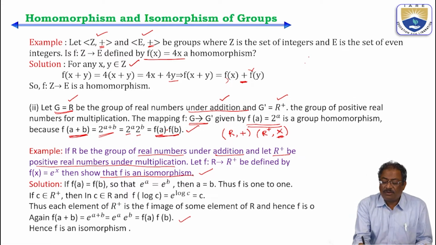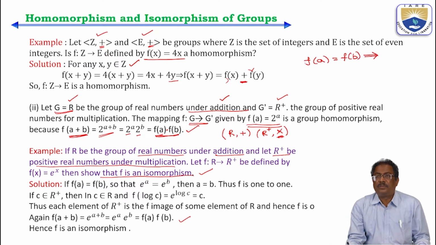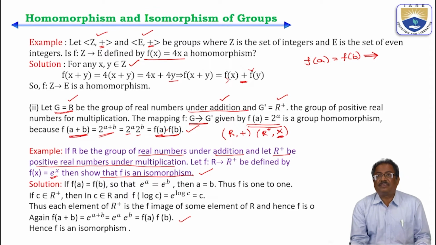Or whenever the images are the same, that is f of a equals f of b, then the pre-images are also the same. Now we define f of x equals e power x. We take f of a is e power a and f of b is e power b.